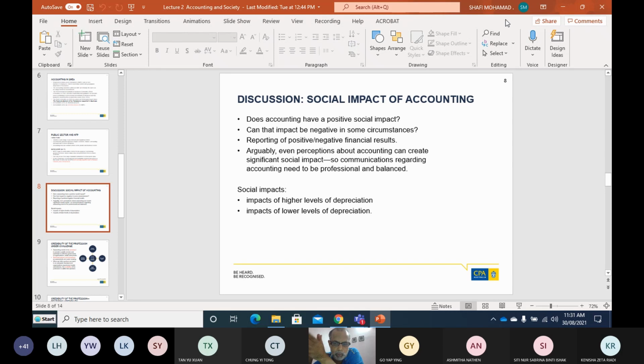Depending on which method we choose, the quantum of depreciation will be higher in the earlier years and lower in the later years. If we go for straight line, the amount is fixed, the same every year. So if the company tells you, this year our turnover is not so good, our operating costs have gone up, let's see how we can slash some of those operating costs.